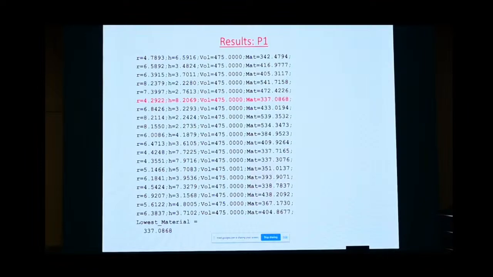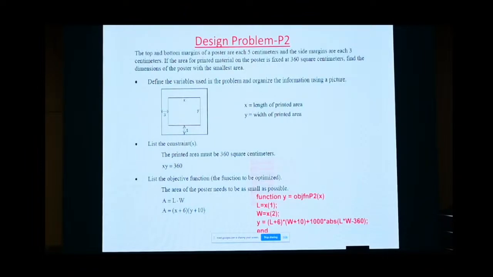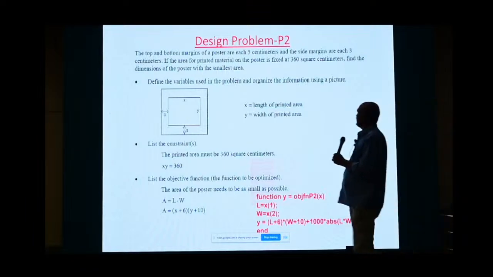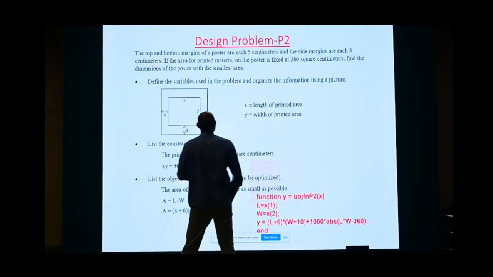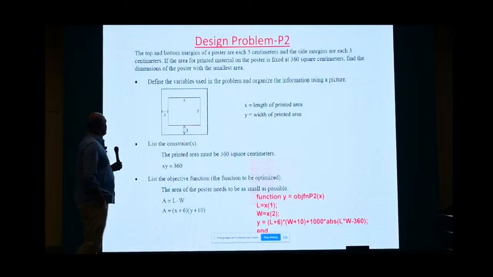Okay. Next. Similarly, some other problem also we can specify. So this is one more problem. The top and bottom margins of a poster are 5 centimeters and the side margins are 3 centimeters, and the area is given as 360 square centimeters. Find the dimensions of the poster with the smallest area.